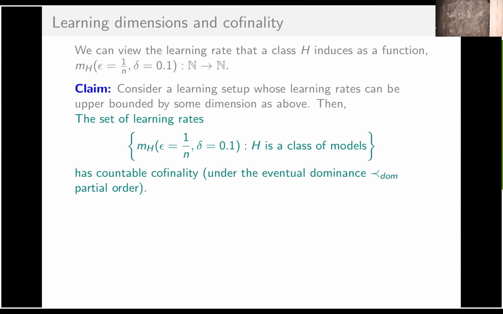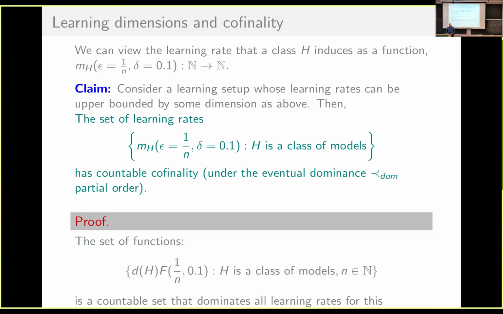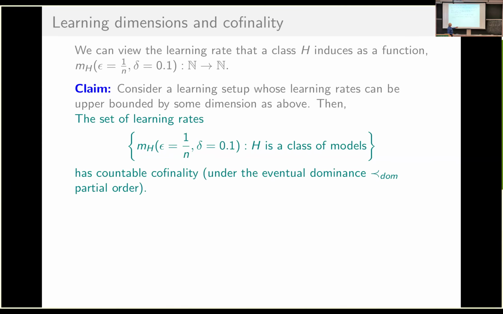And now the observation, even before we see the proof, is that if you have a dimension, then this collection, which is a subset of n to the n, has countable cofinality.